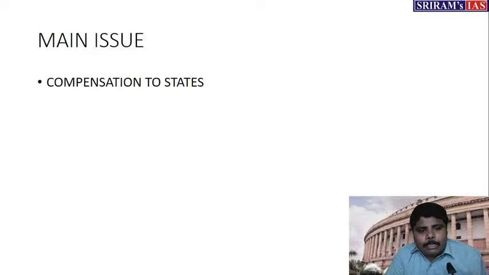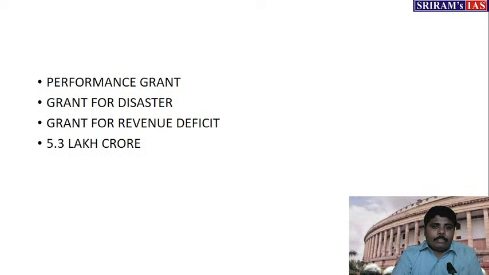So population, green cover, fiscal distance, many inputs they have as factors to follow. Based on that, they will do it. The first advantage is that compensation to the states got enhanced to a large extent. More funding is being given to them, more money is being shared with them, which is again a celebrating aspect of this Finance Commission.